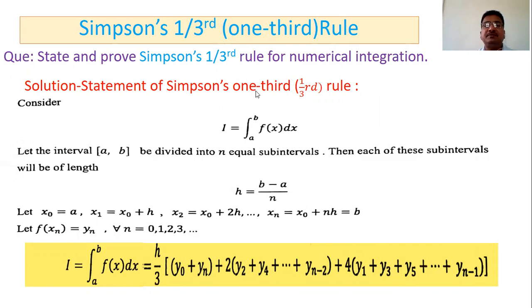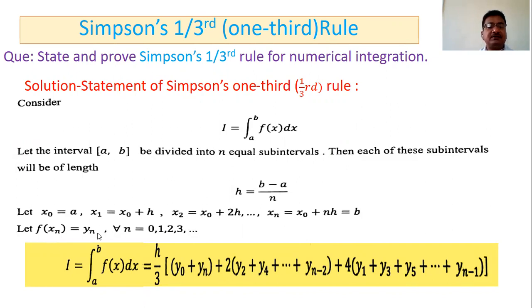What is the statement of Simpson's one-third rule? Suppose we have to integrate f(x) dx from a to b, and we divide this closed interval into n equal subintervals, each of length h equal to (b minus a) divided by n. These are the n points of the subintervals: x0 is a, x1 is x0 plus h, x2 is x0 plus 2h, and xn is x0 plus nh, that is b.